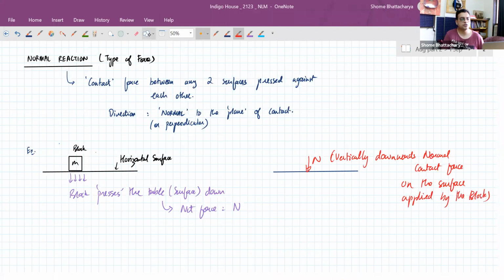Okay. And now if you think of the block's free body diagram, that in turn has the reaction to this one. So I'll just make the free body diagram of the block above. So now the table is applying this kind of contact force. Okay. So this and this, they are an action reaction pair.